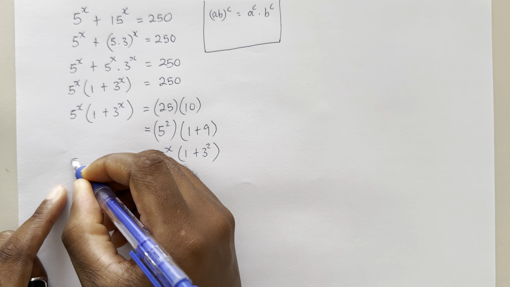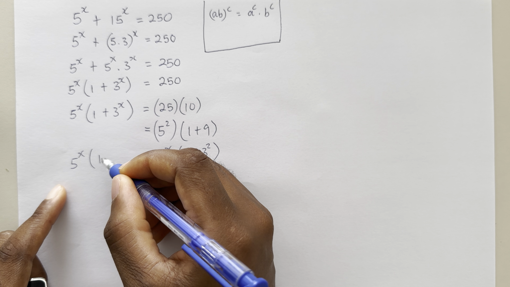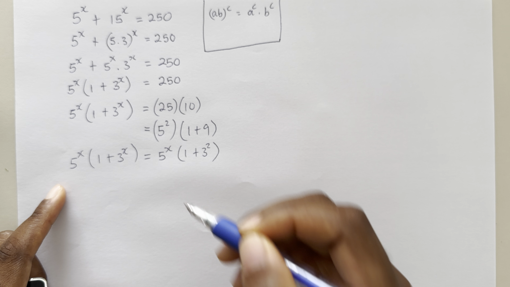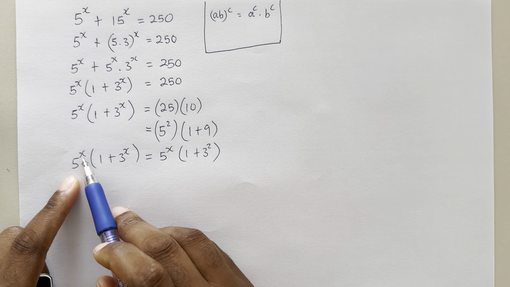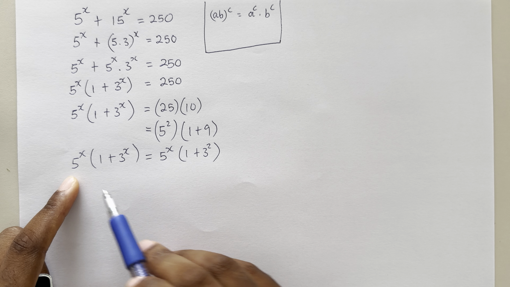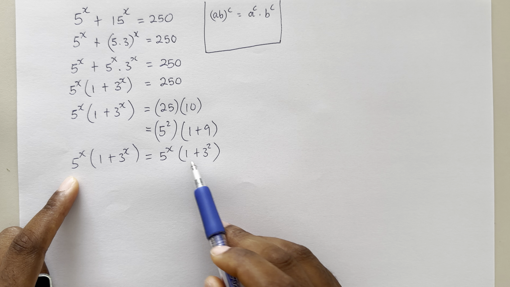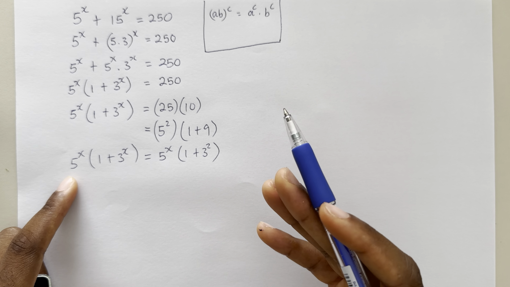Now here we still have 5 to the power of x times (1 plus 3 to the power of x) equal to 5 to the power of 2 times (1 plus 3 to the power of 2). If you take a look at this equation, we have 5 to the power of x and 5 to the power of 2, same base, and 1 plus 3 to the power of x and 1 plus 3 to the power of 2, really the same base.